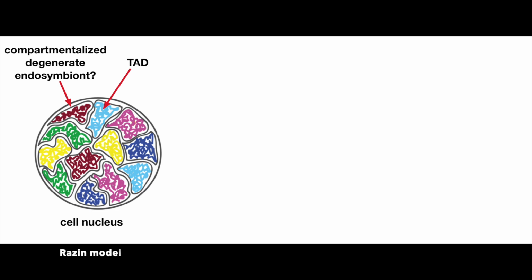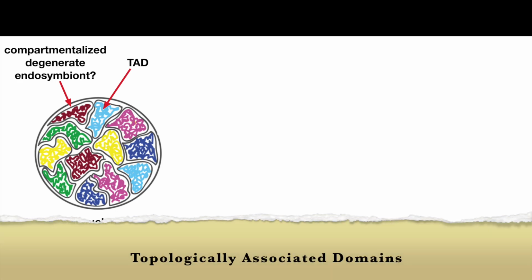Now, this image is called a cell nucleus, highly diagrammatic, and it has these little compartments within it that look like everything's coiled up in there. Those things are called TADs. This is a mouthful: topologically associated domains.